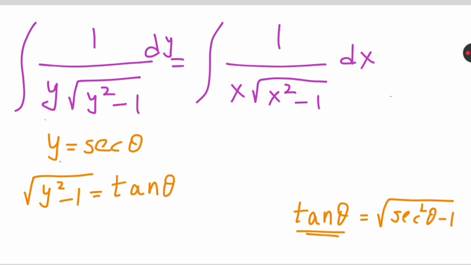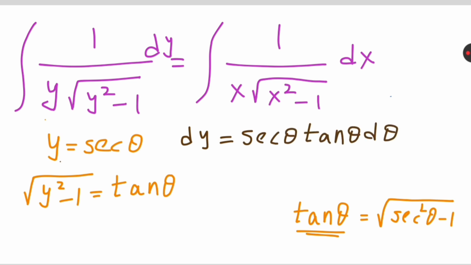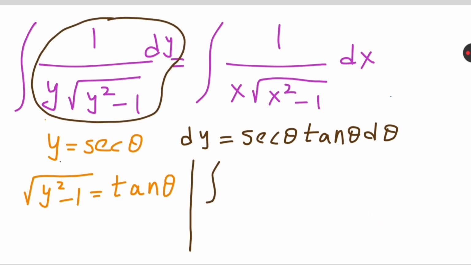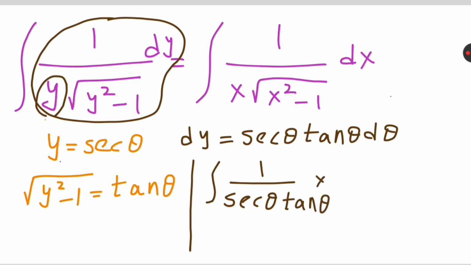If you consider y as secant theta, then dy is secant theta tan theta d theta, isn't it? So let's substitute these values in this left hand side. Now we have integral 1 over y, which is secant theta, so let's write secant theta. Then square root of y square minus 1, which is tan theta, so let's write only tan theta, times dy.